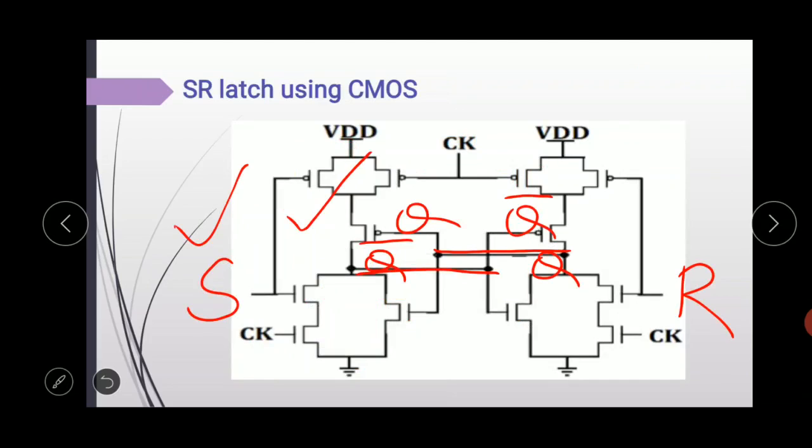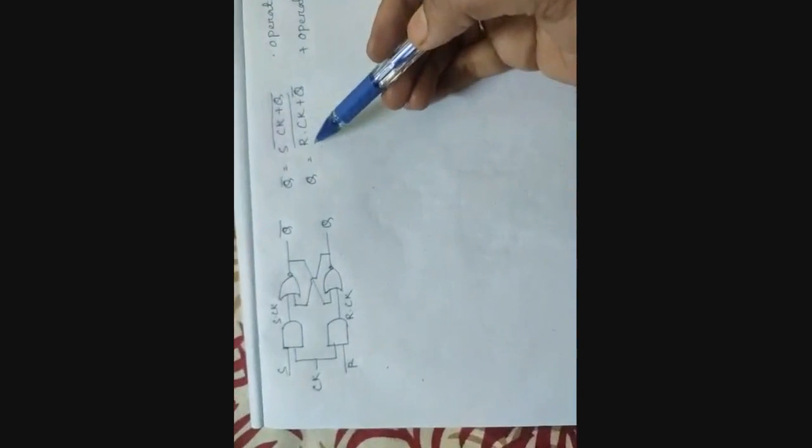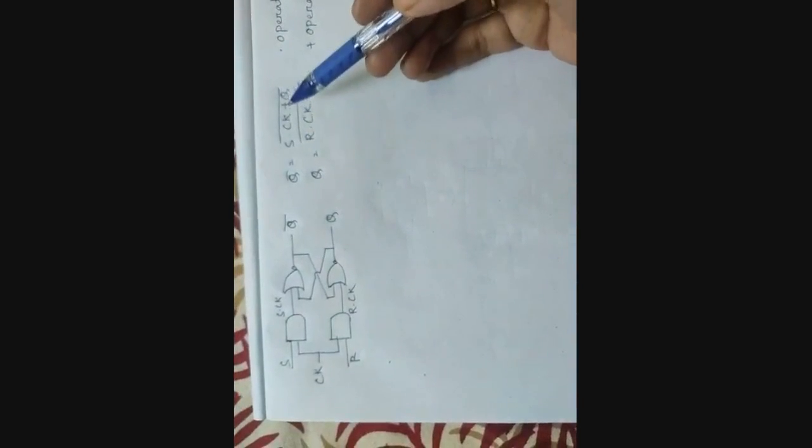Here it is very difficult to understand this diagram. For better understanding we have to draw it step by step. So let's draw the SR flip-flop using CMOS. This is the logic diagram. Here are the two output equations: Q bar equal to S into Ck plus Q whole complement.